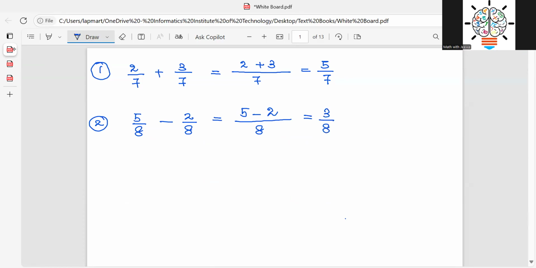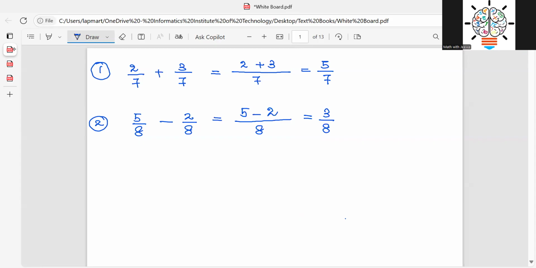So those two sums I can easily add and subtract because both the fractions we are adding and both the fractions we are subtracting have the same denominator. But we can't expect the same thing in every question we come across. Sometimes we come across fractions that have different denominators.